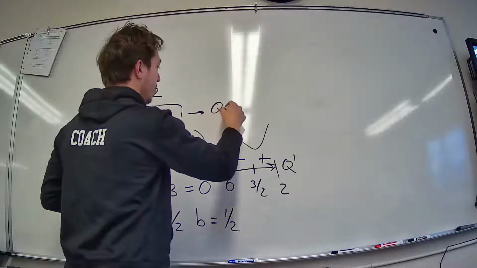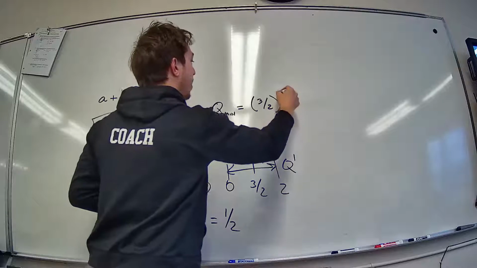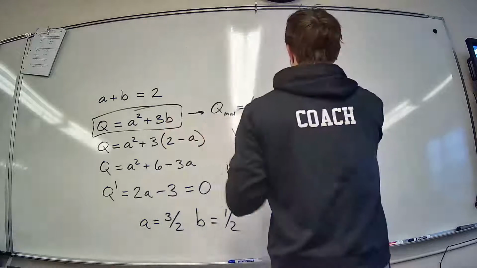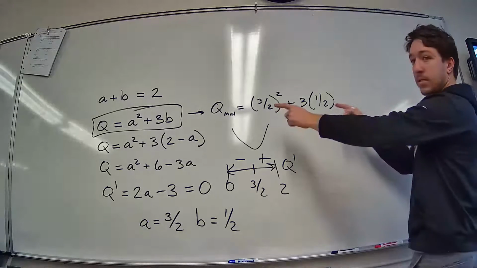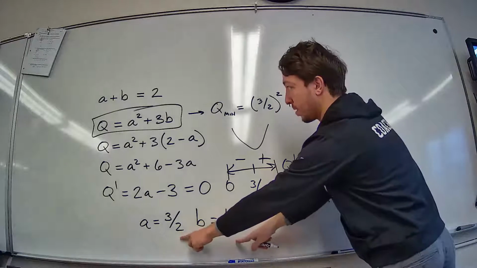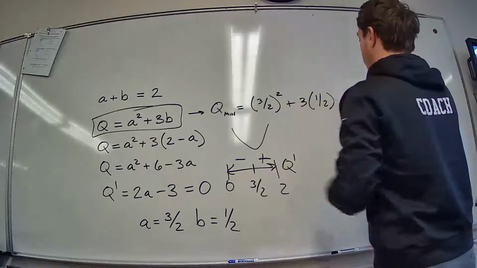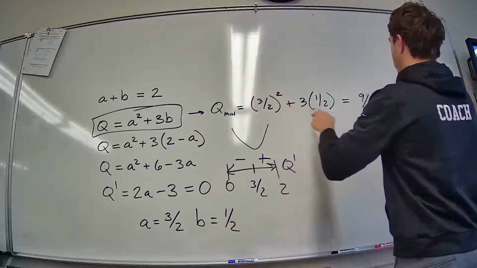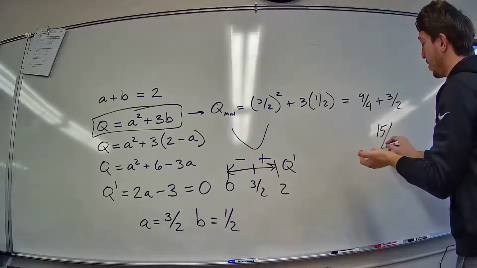So you have q min then would be 3 halves squared plus 3 times 1 half. Does that make sense? Those get plugged in there. And so you get 9 quarters plus 3 halves. That's 6 quarters, so it's 15 quarters.